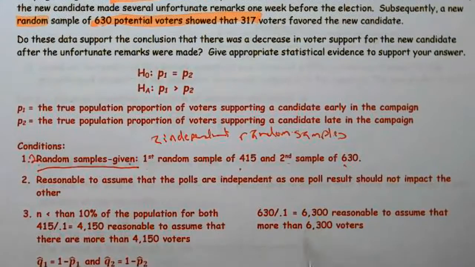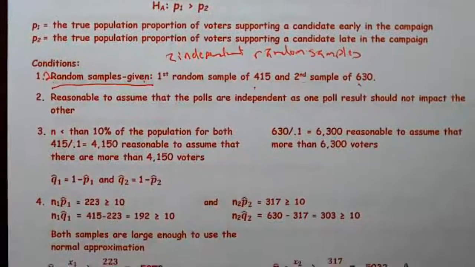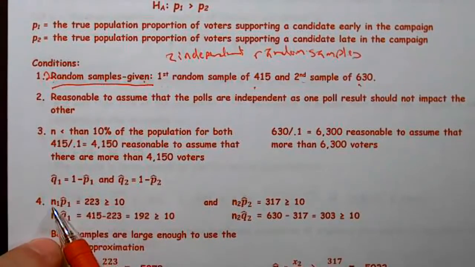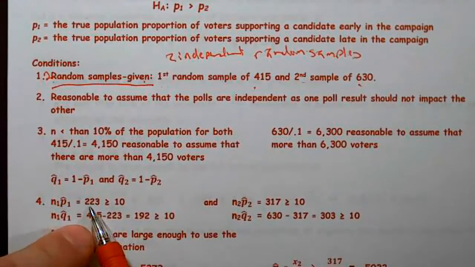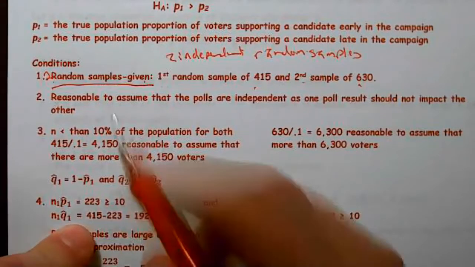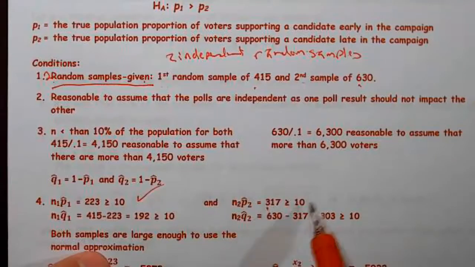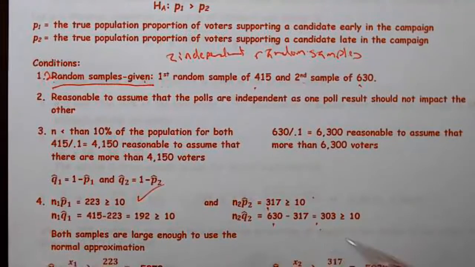Now we need to talk about normality, and this is whether or not our sample is big enough. So this is when we're going to look at the expected values, np. They told us that we had 223 in favor in the first poll. So 415 minus 223 is 192. Both of those are greater than 10, so this side complies with what's necessary. Here we have 317, which is also greater than 10. 630 minus 317 is 303, which is greater than 10.